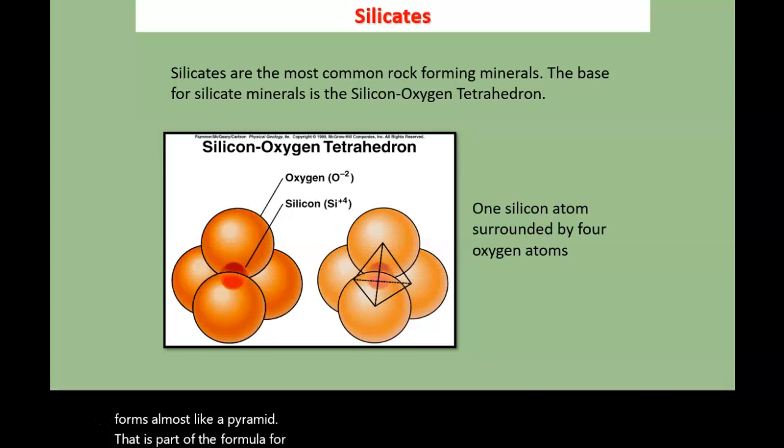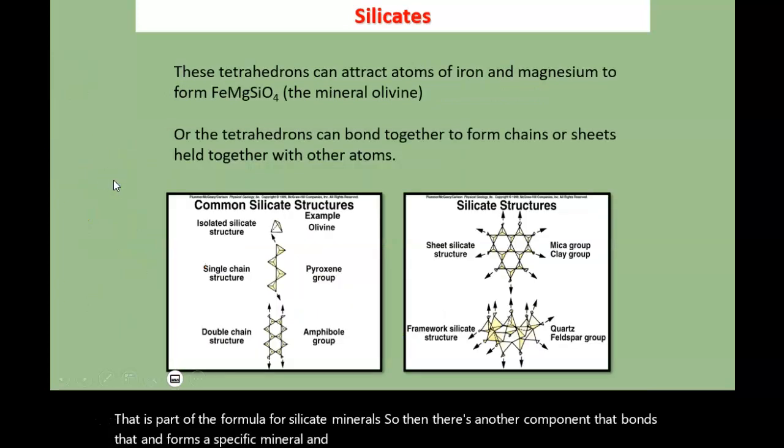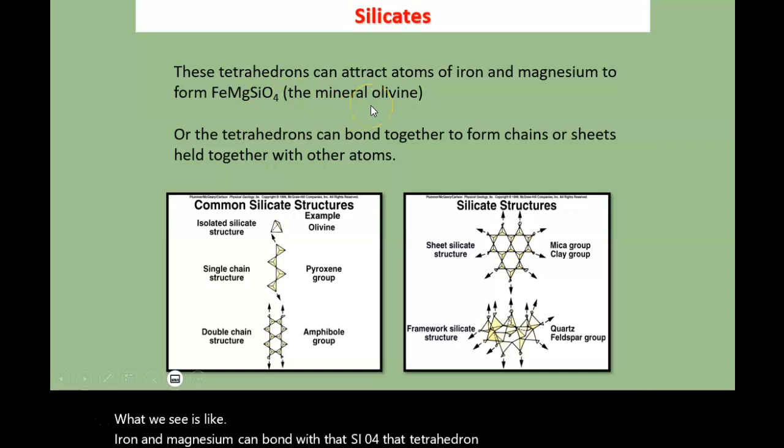So then there's another component that bonds to that and forms a specific mineral. And so what we see is like iron and magnesium can bond with that SiO4, that tetrahedron, and form a mineral called olivine.